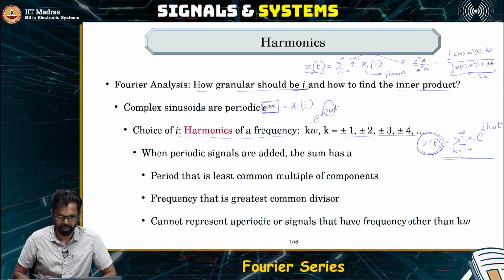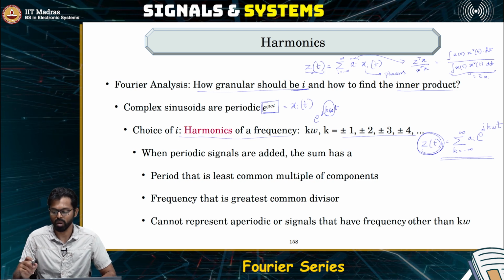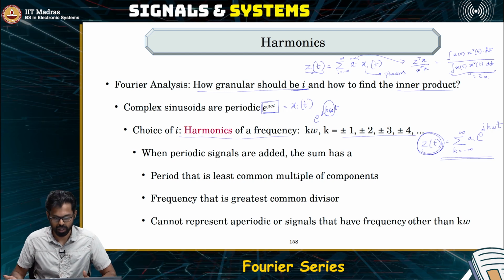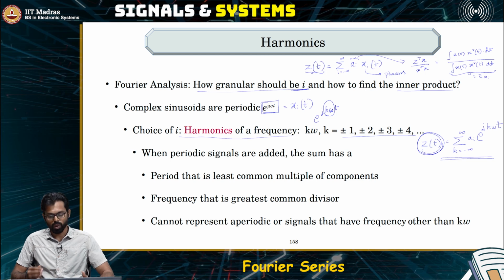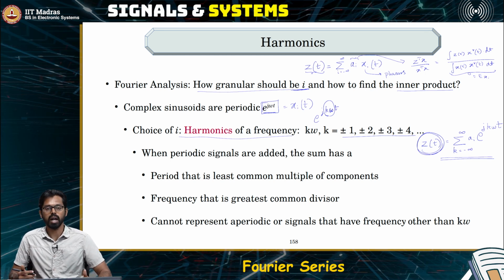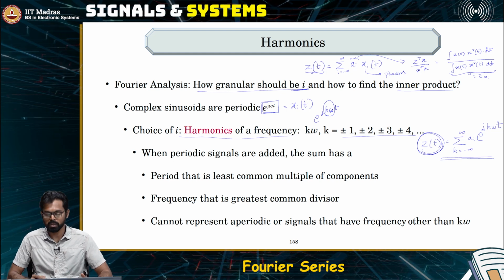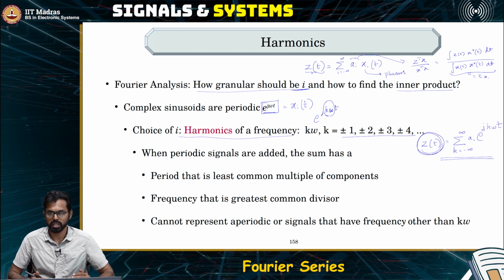First thing is, these are all periodic signals and their frequencies are of the form k omega, which are harmonics of one another. So remember, when we add periodic signals together, the resultant is also a periodic signal and the period is the least common multiple. Of course, here they have to be periodic because we are adding only integral multiples, and the ratio of the periods is always a rational number here.